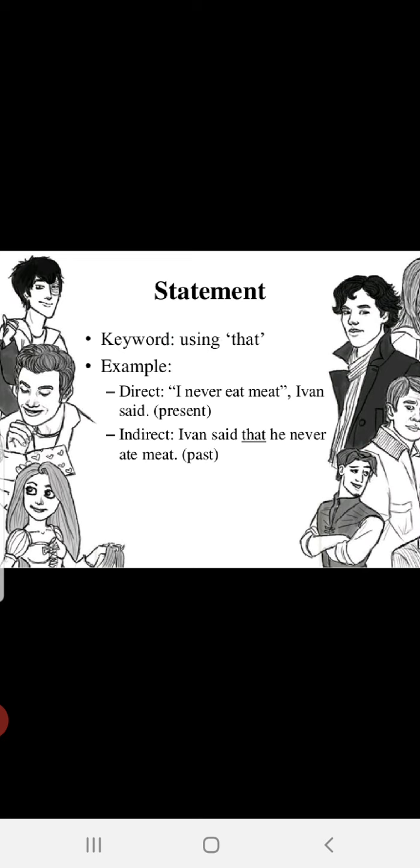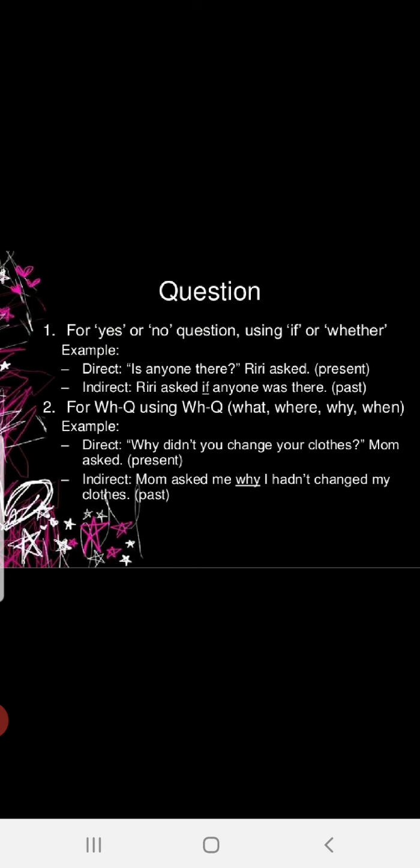Present tense changed to past. I changed to he. Fine. Now, that is added after the auxiliary verb said, because it is in past tense and it is used to show the indirect speech.